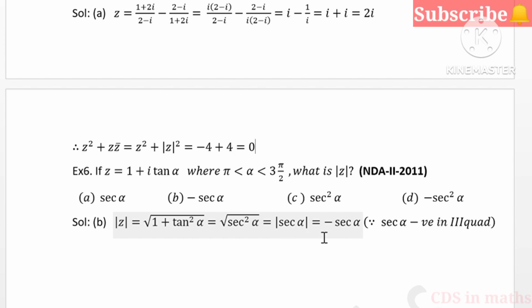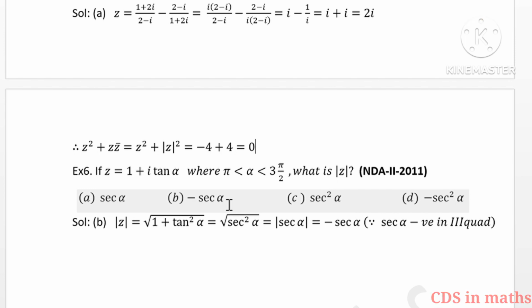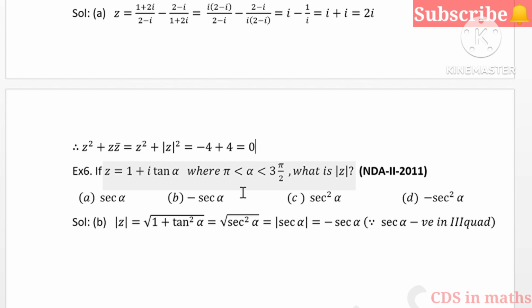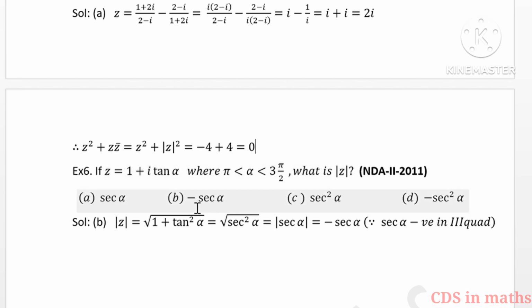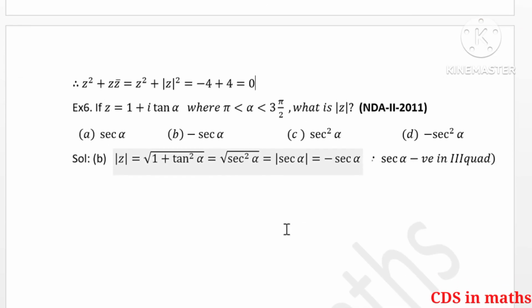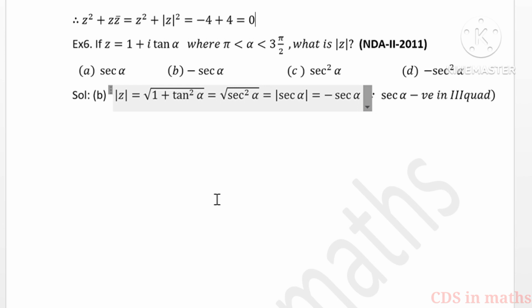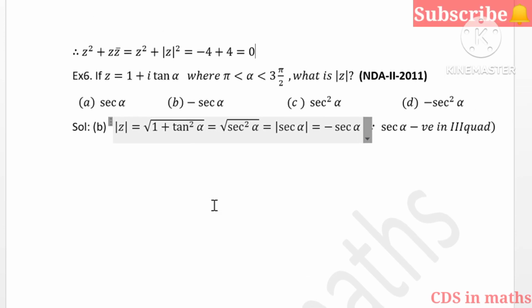Option A is not the right answer. It should be modulus of sec: root over of sec square is mod of sec x. It should be positive. So when will it be positive, if alpha is in the third quadrant, minus sec alpha will be positive, because the mod value should be positive.